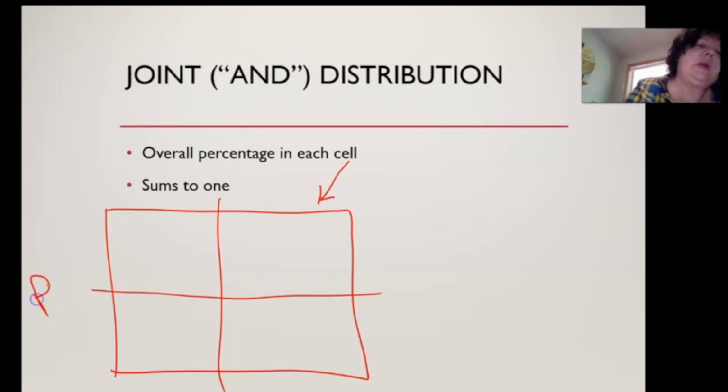And we had the purchase variable and the ad variable. Let's put the ad variable on the rows and the purchase variable on the columns.